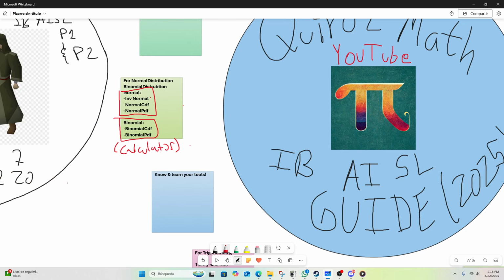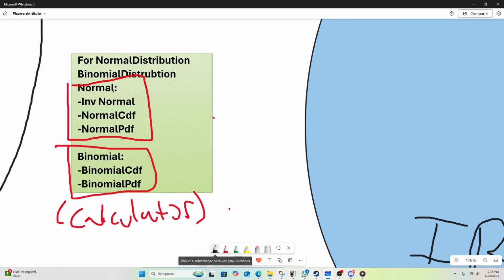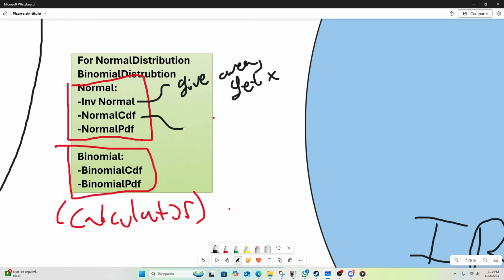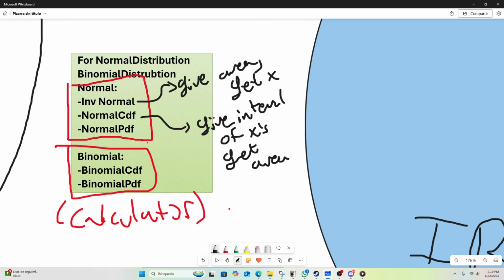The intuition I can share with you for now, although clicking on the video will help you a little bit more, is that inverse normal is like you give area, get x. Normal CDF is give an interval of x's, get area. And this last one is give x, get area.